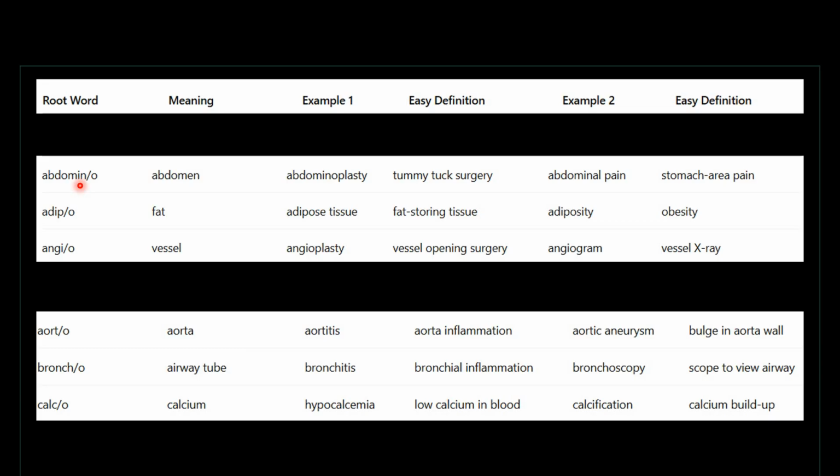For any medical reason, if a tummy tuck surgery is performed, then we denote it with the term abdominoplasty. And here you can see we have the root word abdomen, abdomino. Likewise, we have abdominal pain, which denotes pain in the stomach area.